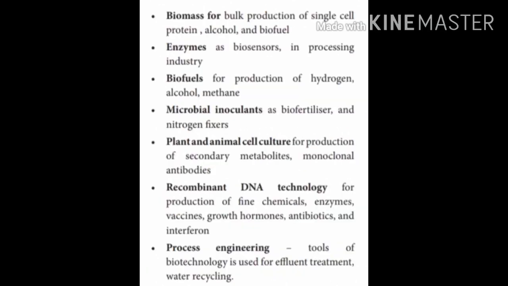It may be asked in 3 marks, 2 marks or 5 marks. So you just make note of the important points, that is biomass for bulk production, enzymes as biosensors, biofuel, microbial inoculants, animal and plant cell culture, for recombinant DNA technology, for process engineering, and one more thing left is fermentation.